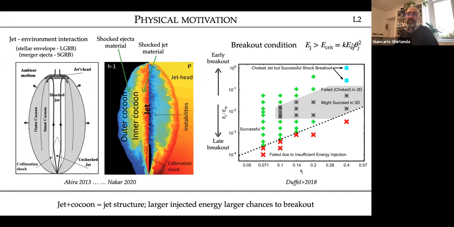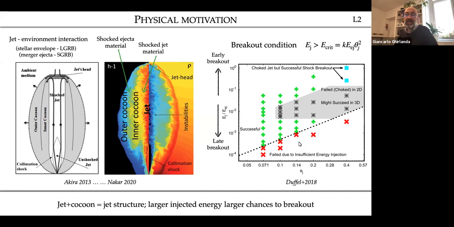So you basically take this equation, you take the ratio between the jet energy and the ejecta energy, which is represented on the y-axis. You have a scaling, which is like the opening angle of the jet squared. This is the opening angle at the base of the jet, okay? Not the opening angle that the jet has at the end, which is the one that we discussed yesterday that we measure from the observation. As a function of the collimation of the jet at the base, you see that there is this dividing line.